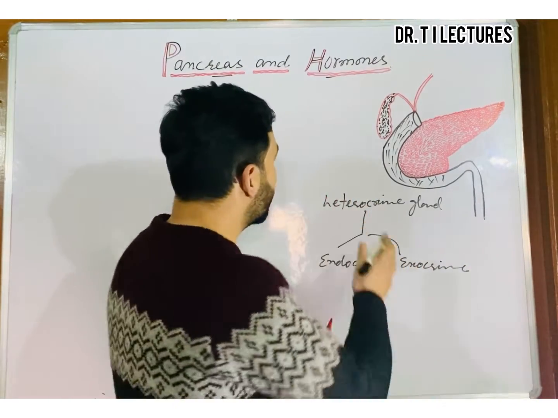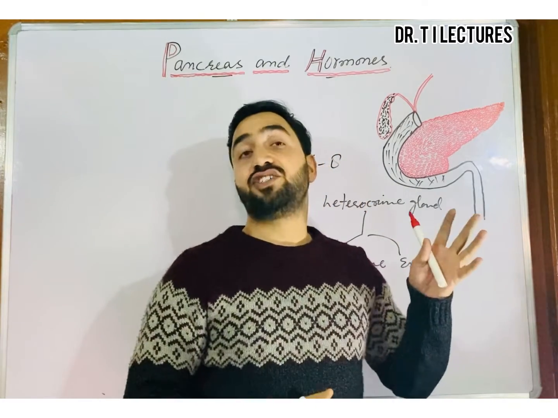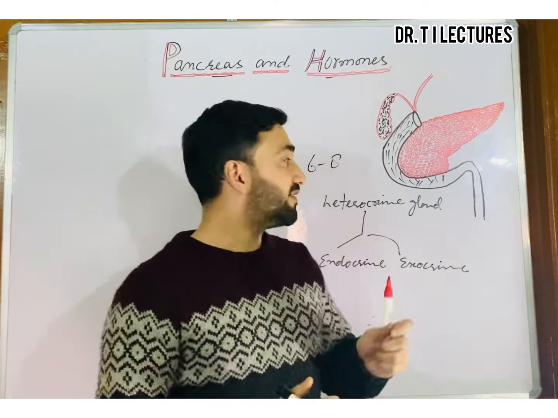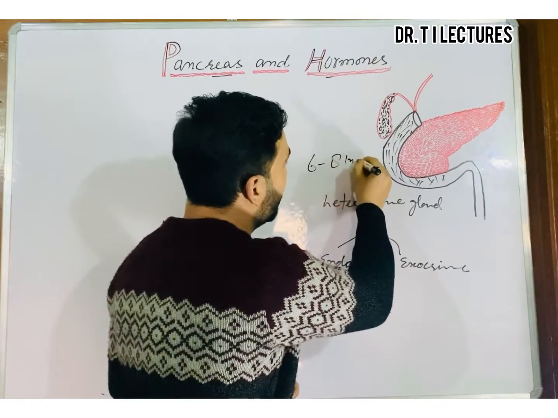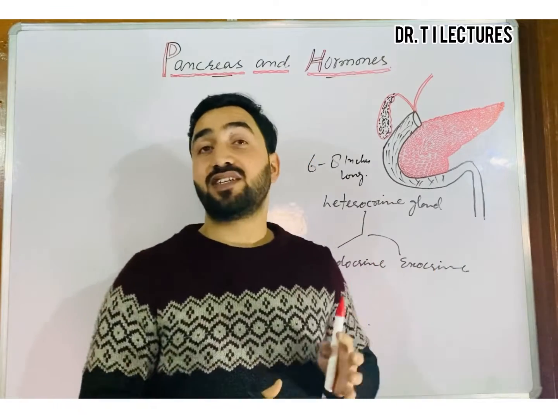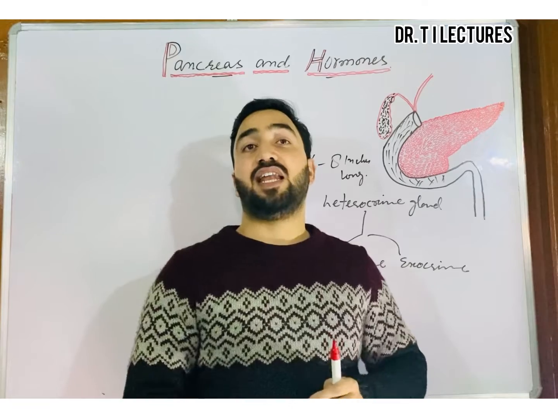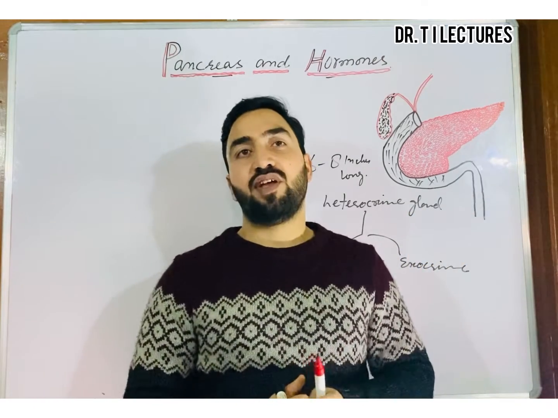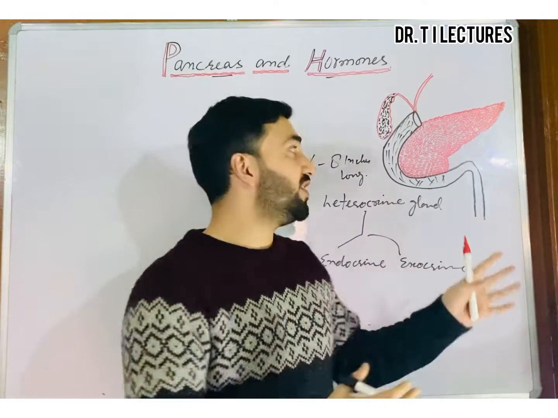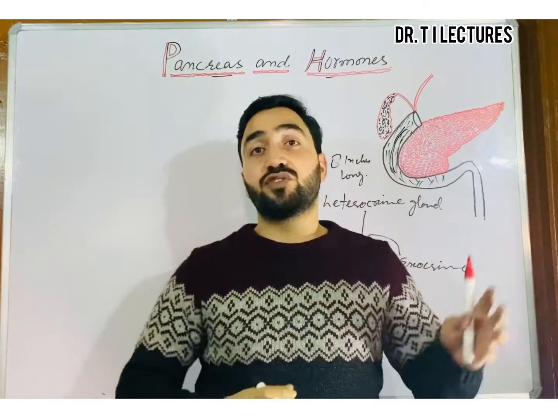The pancreas is 6 to 8 inches long and extends horizontally across the abdomen. The largest part of the pancreas lies on the right side of the abdomen, next to the first part of the small intestine, which we call the duodenum.